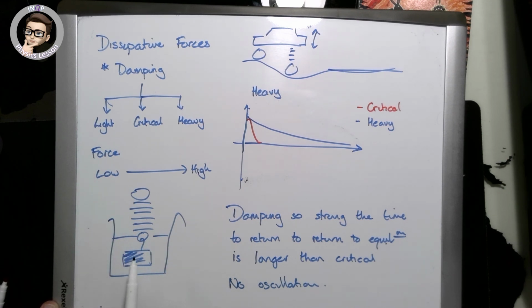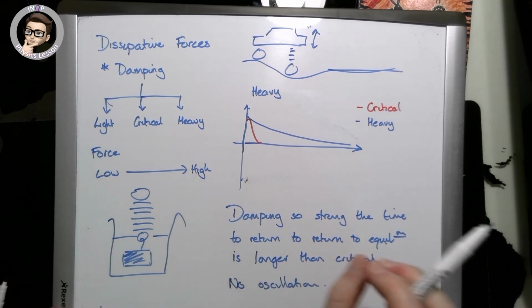So this would very, very slowly move back up to the 0 point, which potentially might be on the surface, and in doing so, there's no way it's going to oscillate. It's had to use enough energy just to get it back to the 0 point.